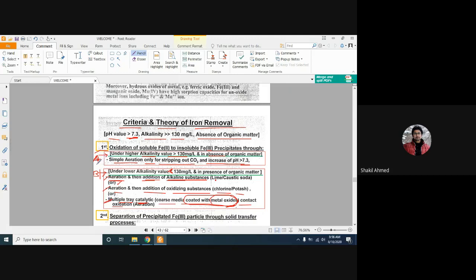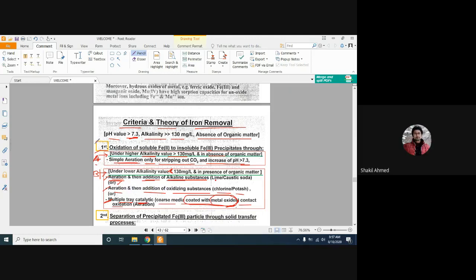But in condition A, you already had a higher alkalinity value, so you do not need addition of alkaline substances or these things. You only need simple aeration. But in condition B, you have to use aeration as well as addition of alkaline substances, or aeration and chemical oxidation. Clear?